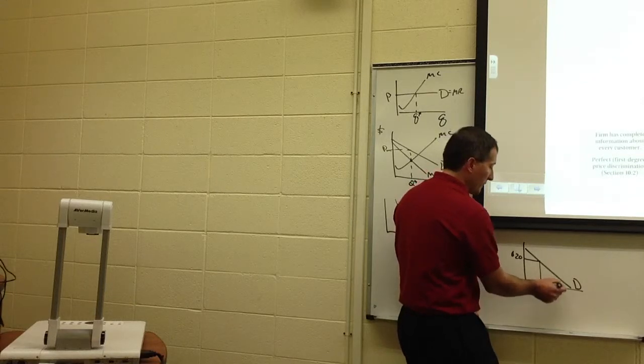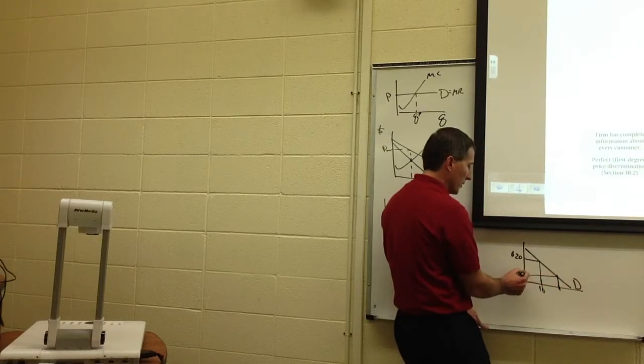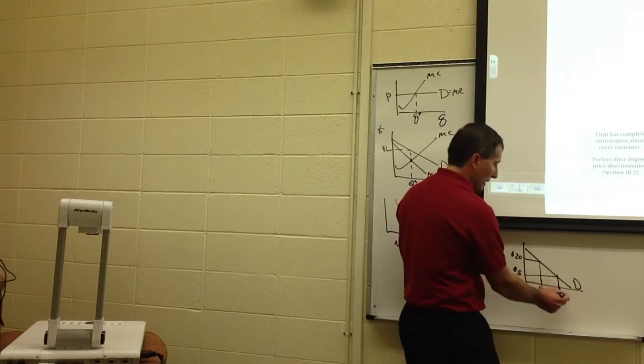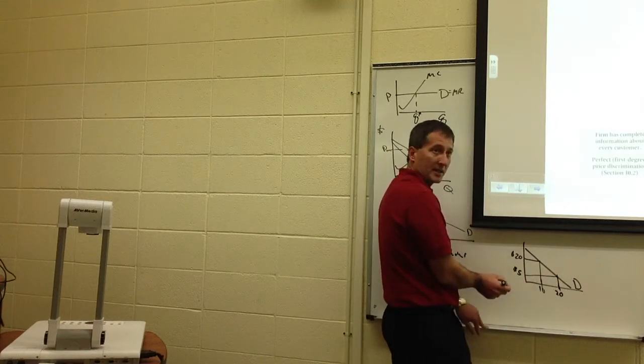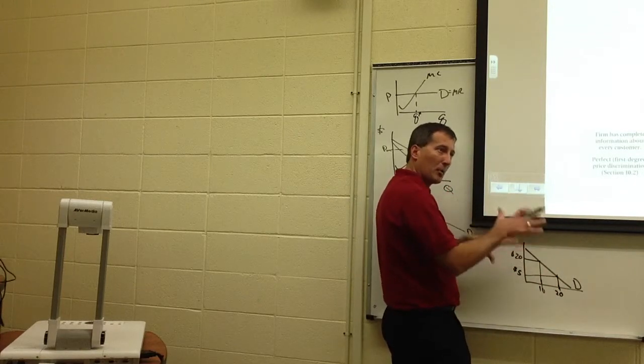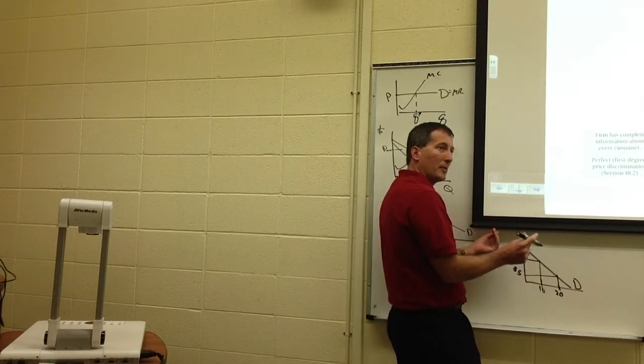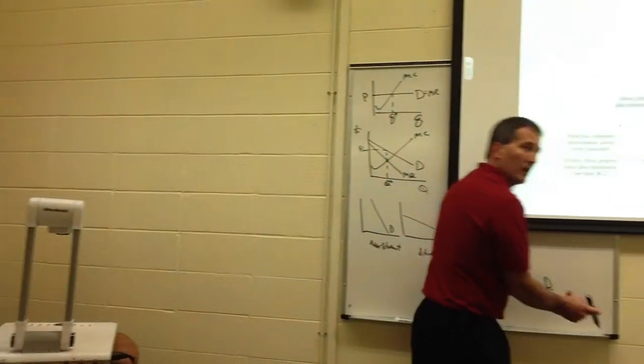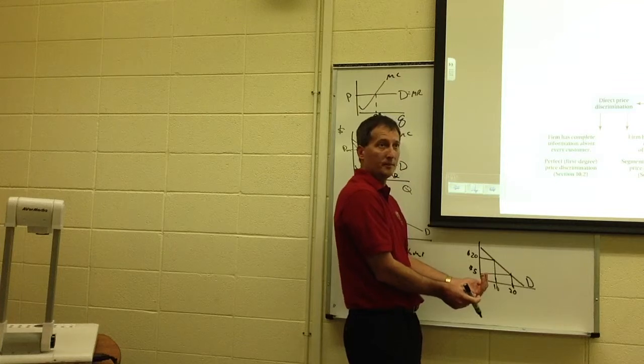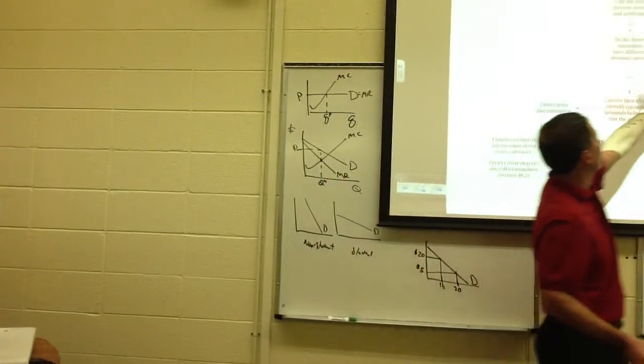So what if we offer a volume discount of some sort? They're willing to buy 20 units, but only if the price falls. So then we're going to get into pricing schemes that might be able to induce those people to buy more. And that's kind of where this direction goes.